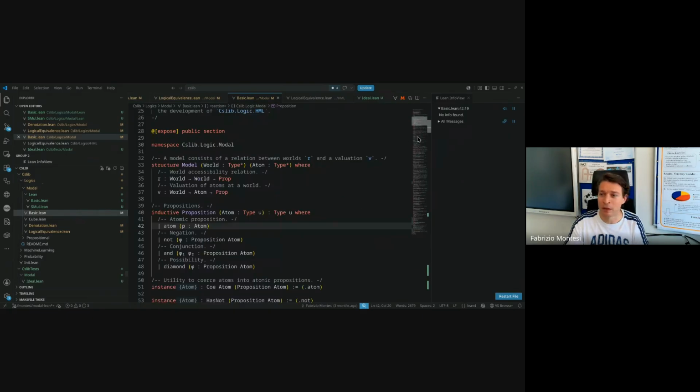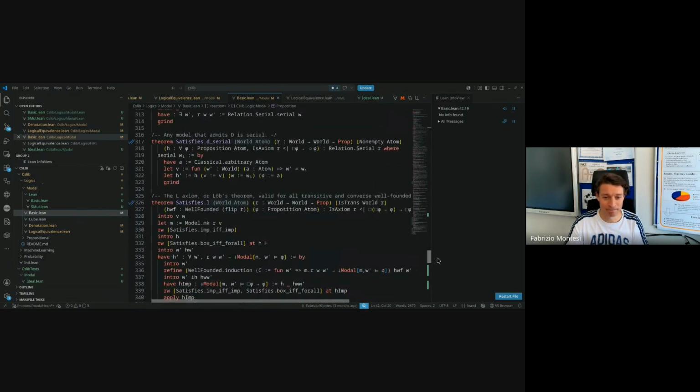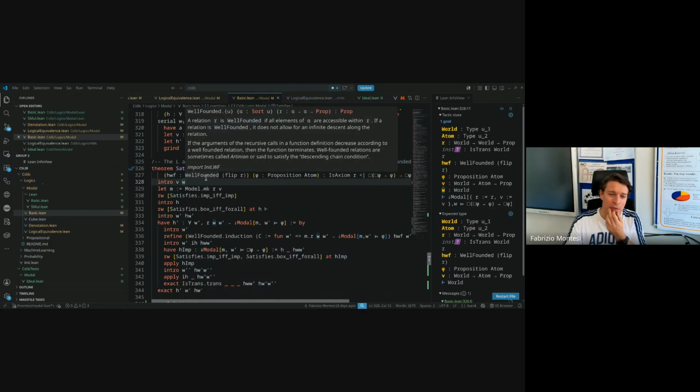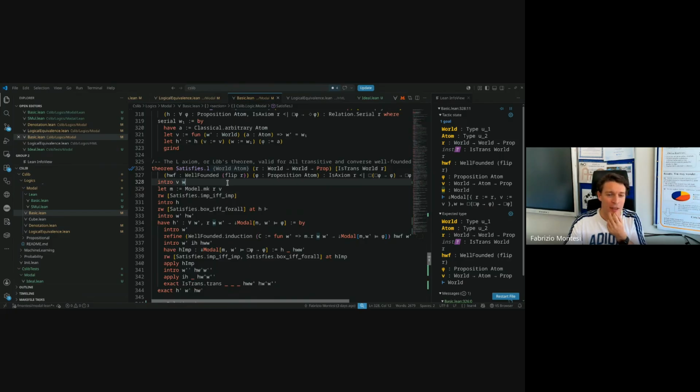And I have proven, let me see, Löb's theorem. Here we require well-foundedness, of course. But if you have a well-founded relation, then I can basically give you a principle of induction. I think from this I can derive the strong induction principle in Lean, right? I can prove it correct. I think we can reprove Gödel's theorems with some of this stuff, with a pure modal logical argument, maybe. And usually that's a pain to do. So that's also something I would think of trying.